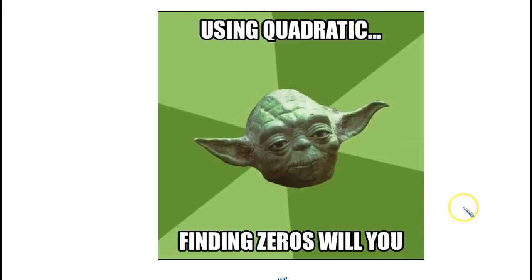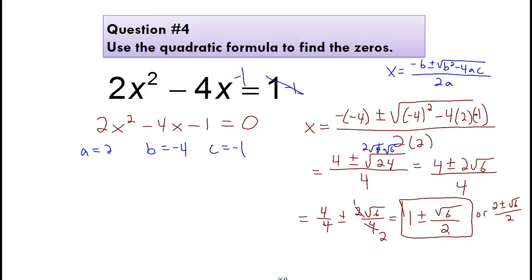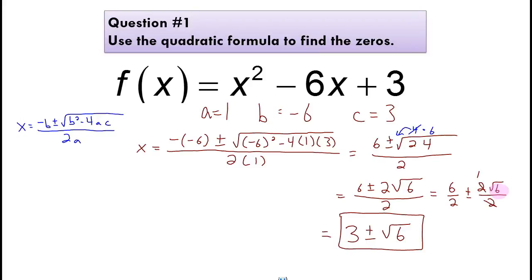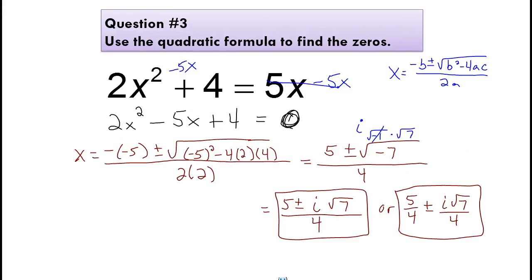I do want to point out something that is not found in the example. So in question 1, we had a root 24 and ended up with a root 6 left. If this had been like root 16 or a perfect square, I would have ended up with 6 plus or minus 4 over 2. And you actually can do that math. So if your discriminant is a perfect square, none of these happen to be that way.